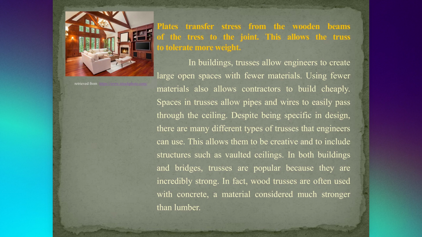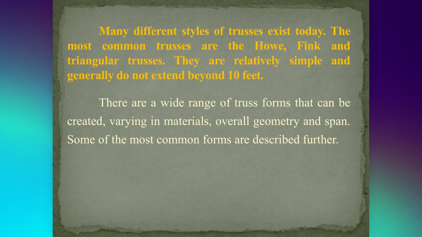This allows them to be creative and to include structures such as vaulted ceilings. In both buildings and bridges, trusses are popular because they are incredibly strong. In fact, wood trusses are often used with concrete, a material considered much stronger than lumber.